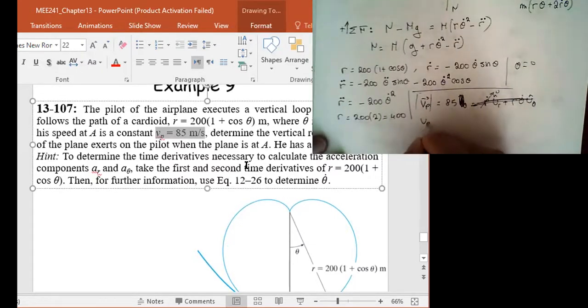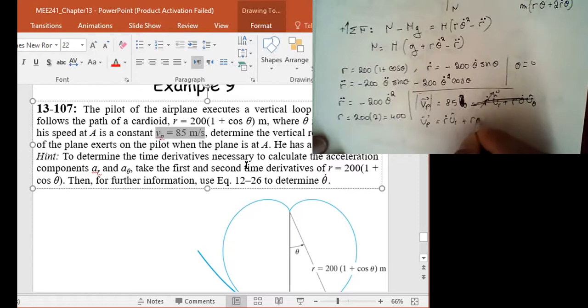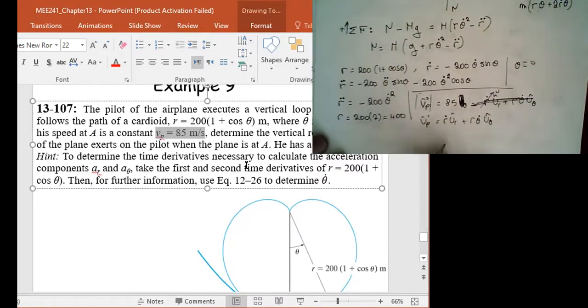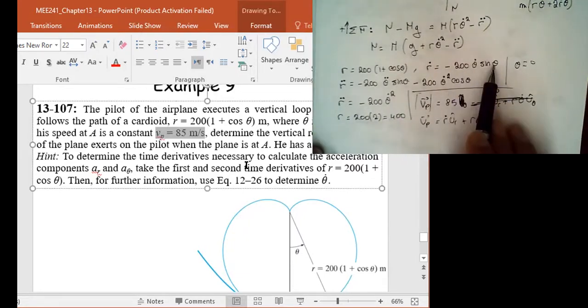But we do know that VP is equal to r prime u_r plus r theta prime u theta. But what is r prime? Well, theta is 0, so r prime must be 0.